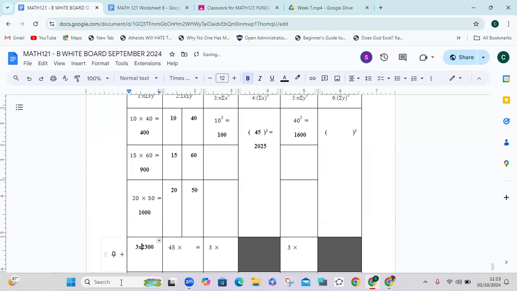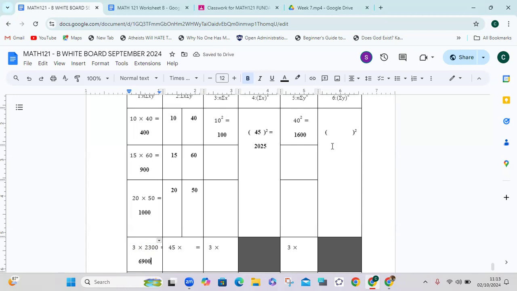So it's 3 times 2,300. Let me just put this in the equation format. So that's 3 times 2,300. And this will give us how much? 6,900. So that is the first number.